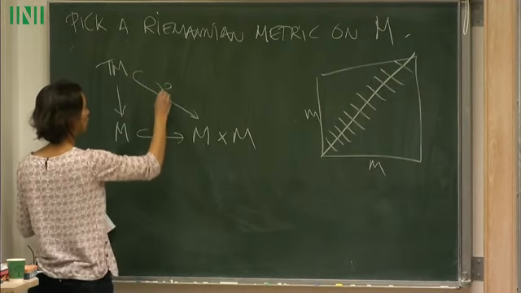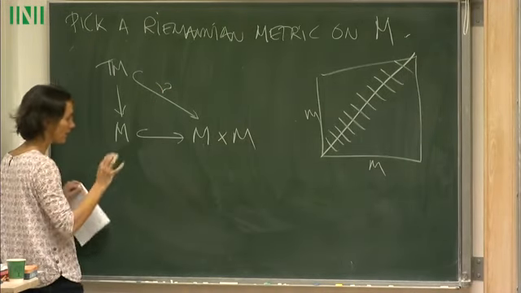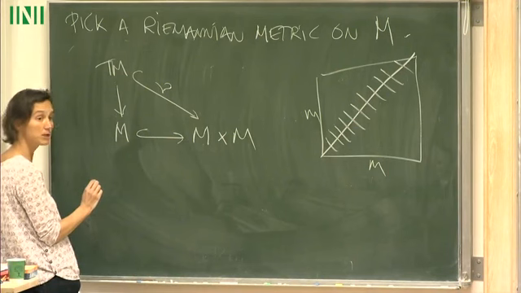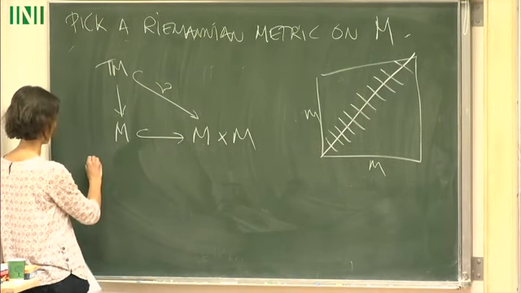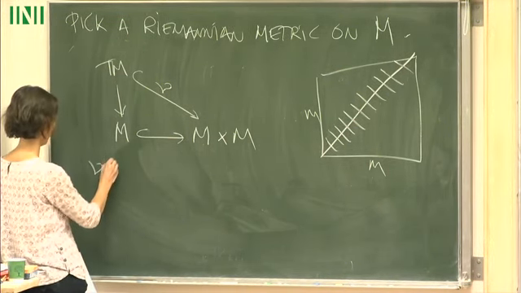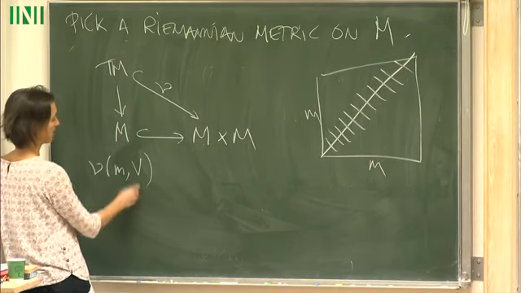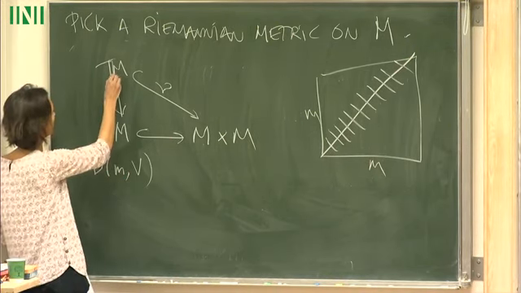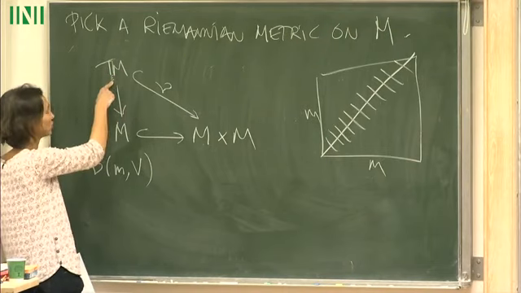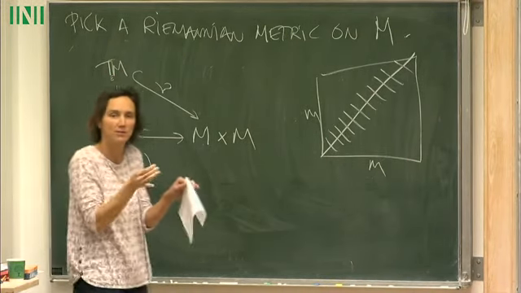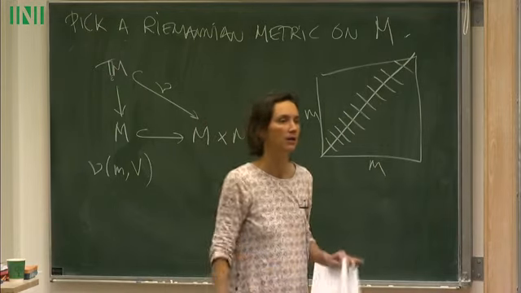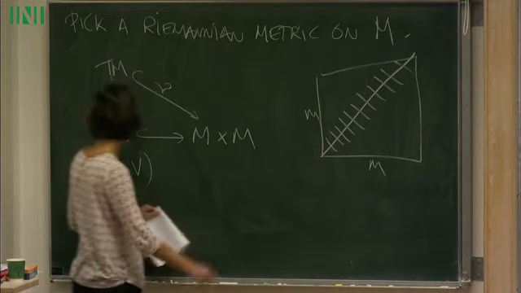Let's call this nu. Just to make clear that this is very explicit, you can define nu of a point in M and a tangent vector, where I take tangent vectors to be of length at most epsilon, and epsilon is smaller than the injectivity radius of the manifold.